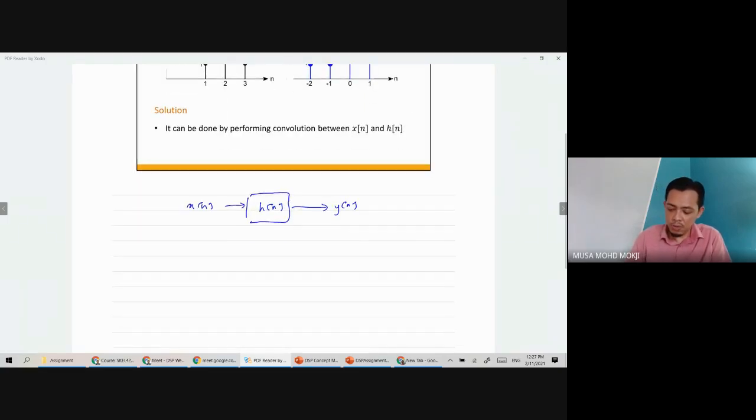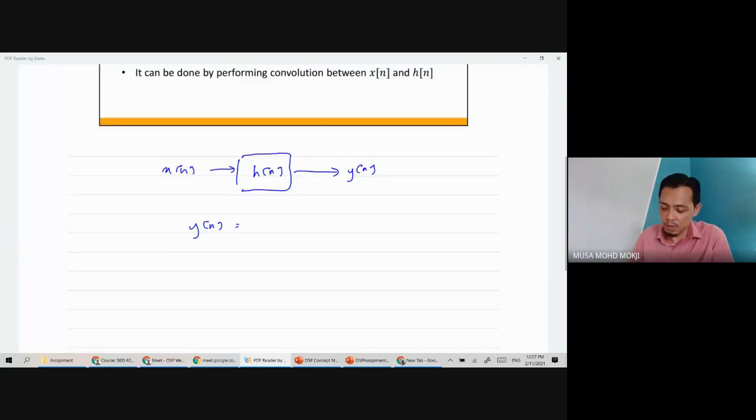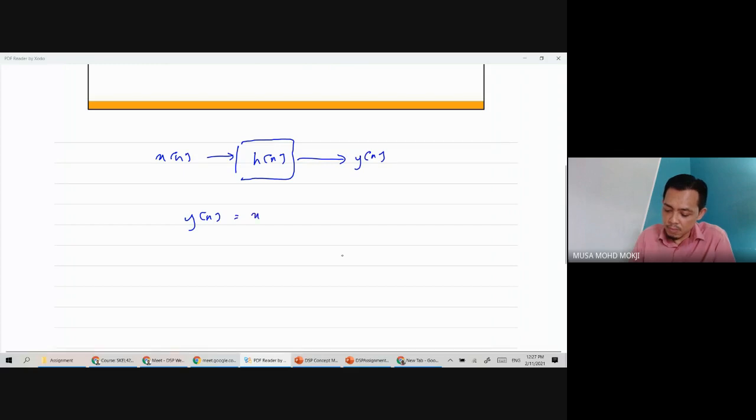And for convolution, we have even a symbol because it's a very special operation. There is a name, and there is a symbol for it: Xn star. That star is convolution.